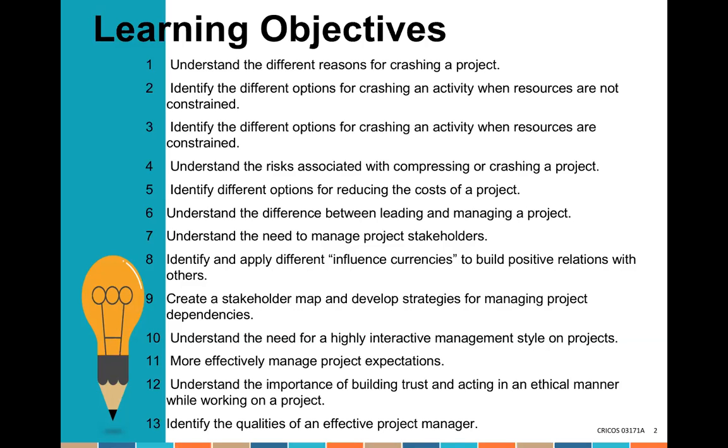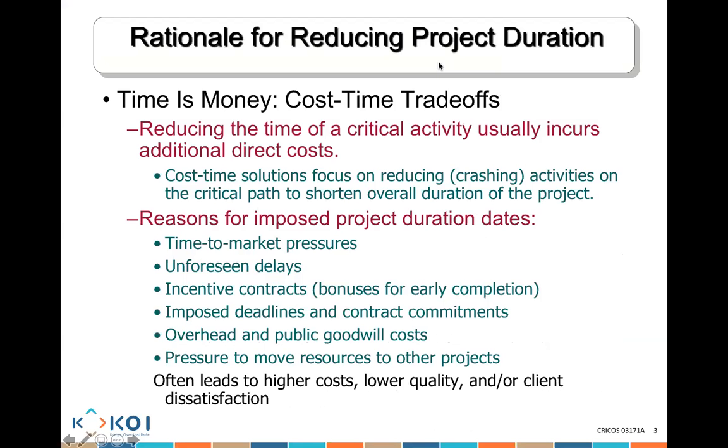And then we're going to more effectively manage project expectations. There are so many expectations. How do we manage them? Understand the importance of building trust and acting in an ethical manner while working on a project. And finally, we can identify the qualities of an effective project manager. Who is a good quality manager? What sort of person? What do they deal with? How do they deal with various things?